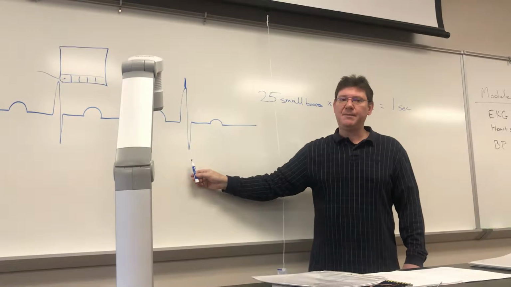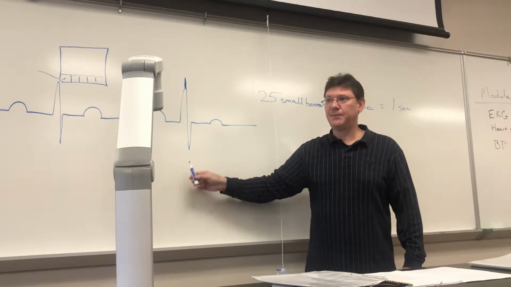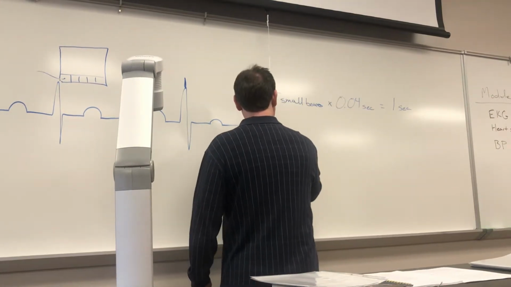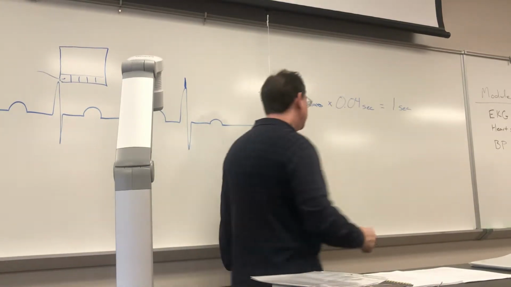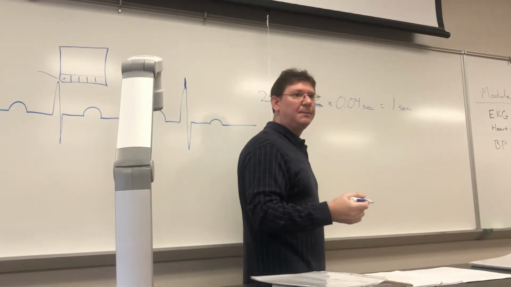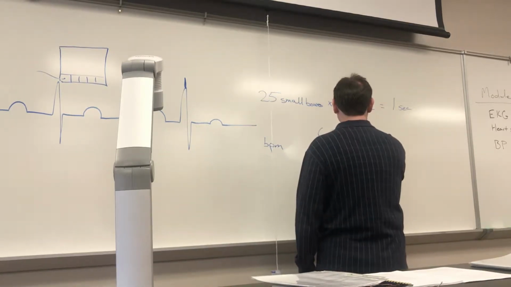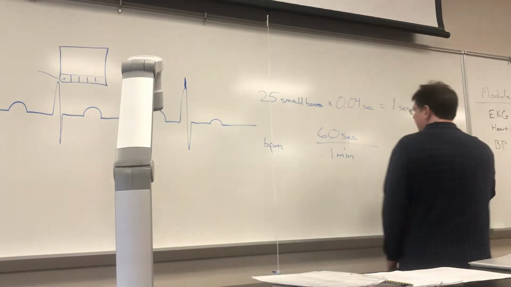Okay, how do we measure heart rates or pulses? Beats per minute, right? So we measure it as beats per minute. Well, that doesn't match beats per minute, right? So we have to say how many seconds are in a minute? 60 seconds in 1 minute.